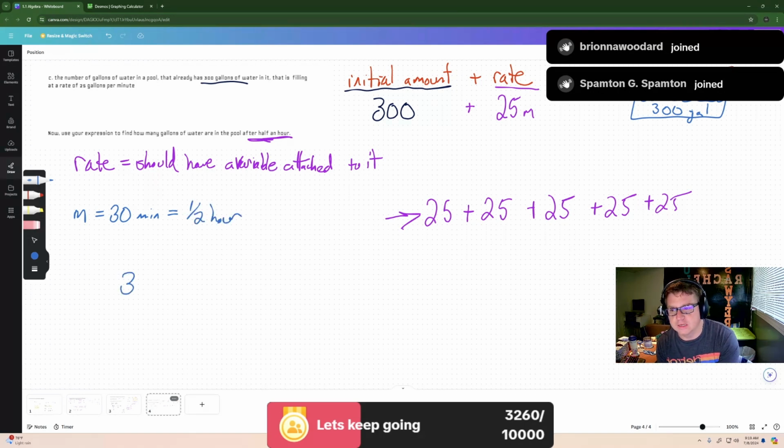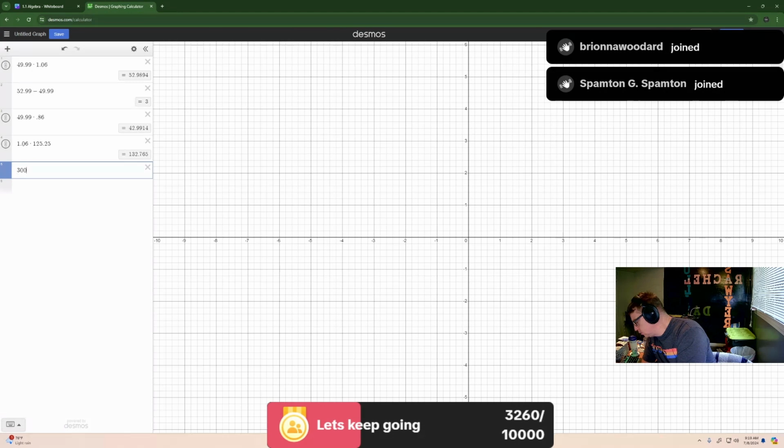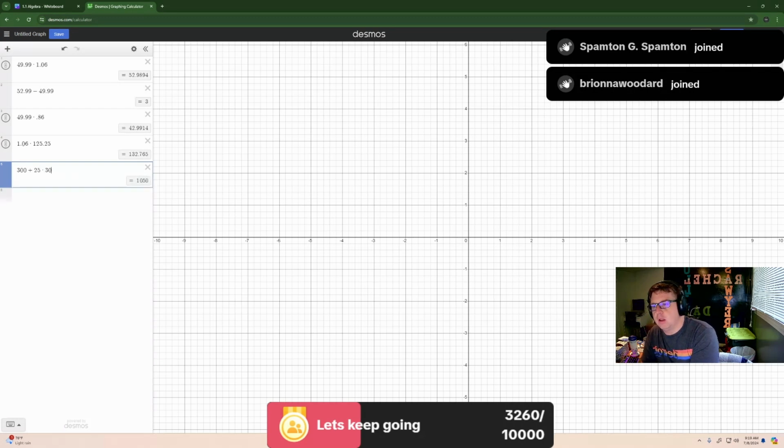So now we're going to take that 300 plus 25 gallons per minute, and now we can plug in our 30 minutes. And once we do that, handy dandy Desmos, 300, not 3,000, plus 25 gallons times 30 minutes.